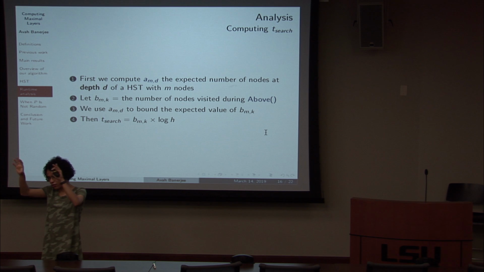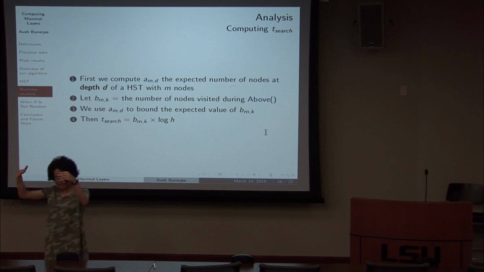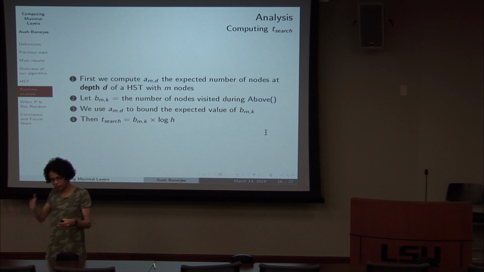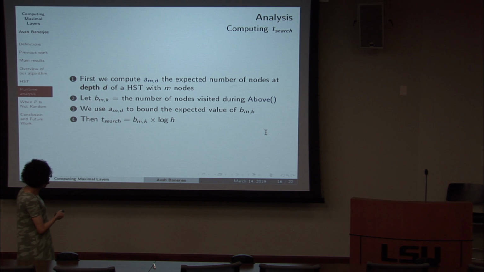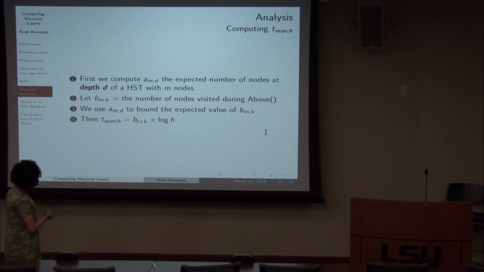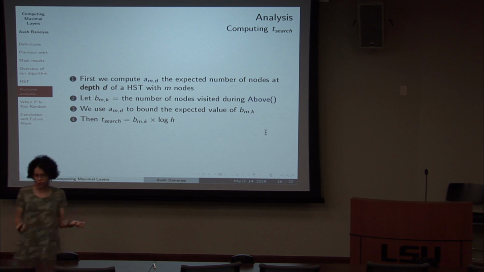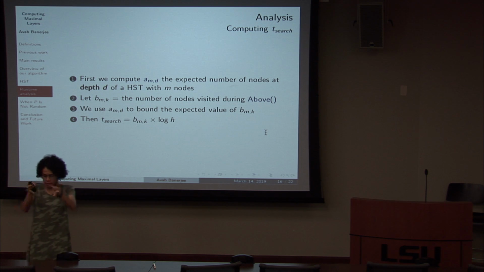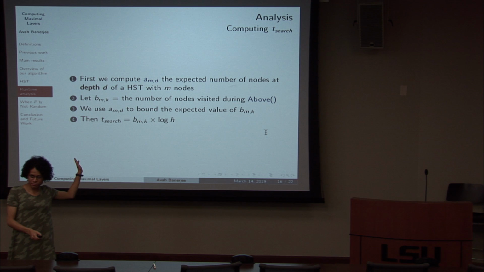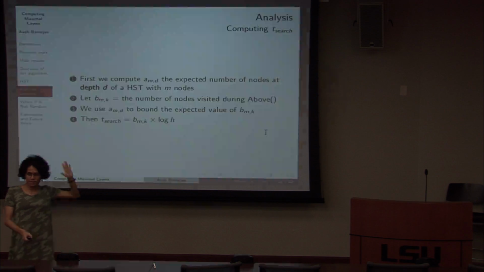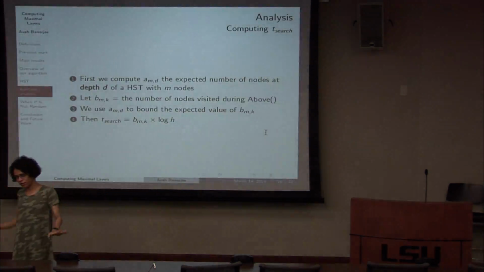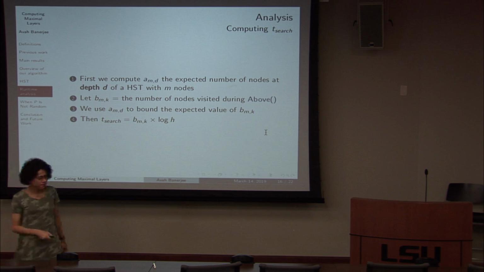So you have H nodes in this larger top tree B. So it takes log H nodes to find your place. So that's where the log H comes in. And BMK is basically the number of nodes visited. So in each HST you visit BMK nodes, times the number of nodes you visit in the overall tree, which is log H.